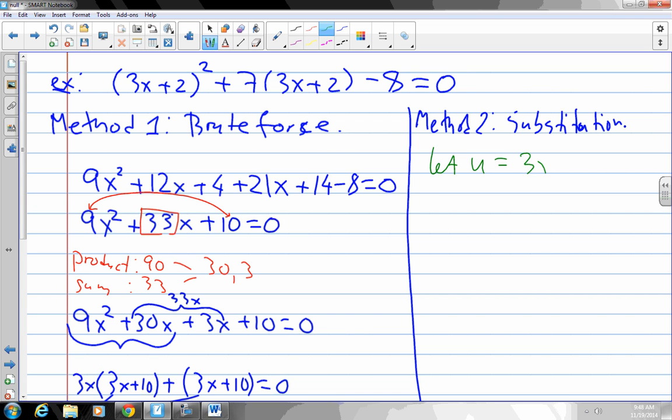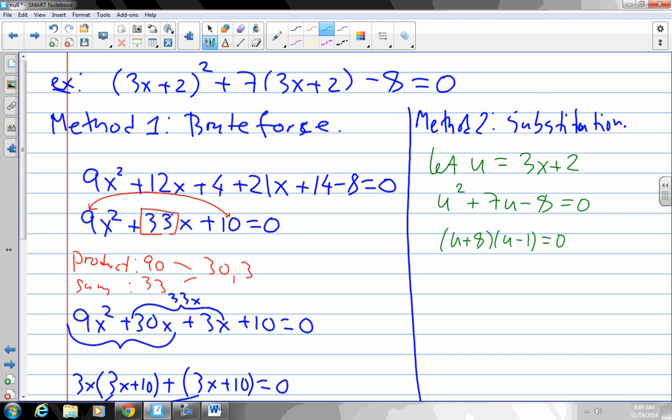That's that common term. So if I do that, the whole problem becomes u squared plus 7u minus 8 equals 0, which is a very friendly quadratic that I can solve. This factors into u plus 8 and u minus 1 equals 0.